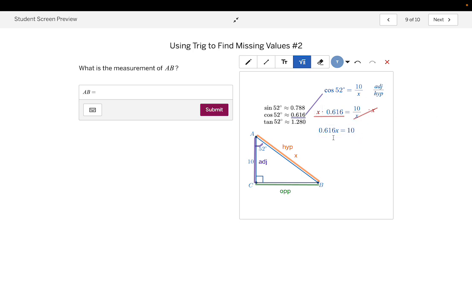And then our ultimate goal is to get x by itself. So now I have 0.616 that's being multiplied by x. To cancel out multiplication, I need to divide both sides by 0.616.